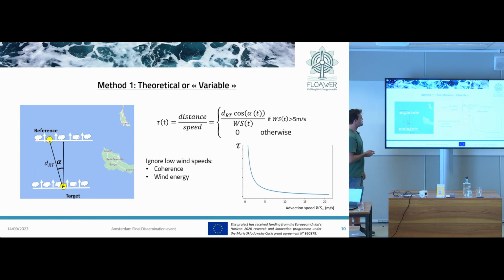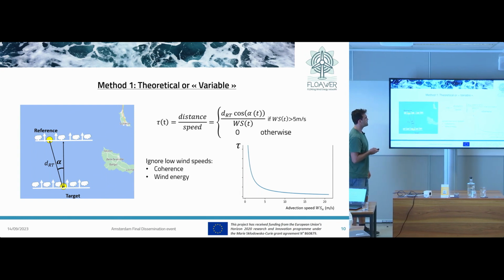So there will be no correlation at low wind speed with a high distance between the two stations. And secondly, because anyway, low wind speeds are not interesting for wind energy in a wind turbine.